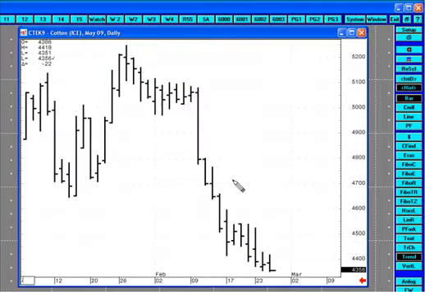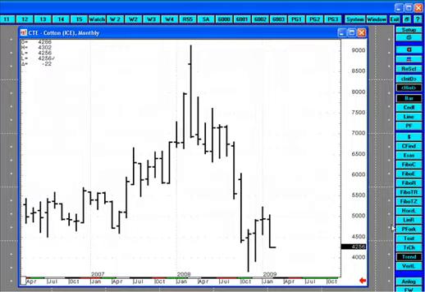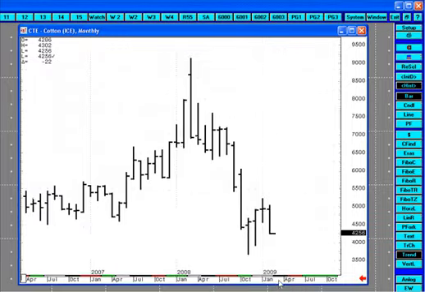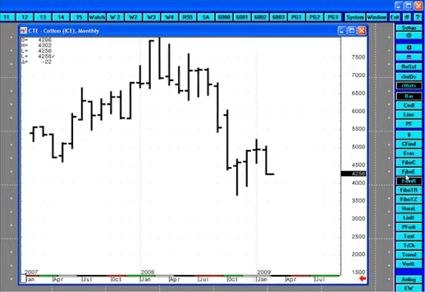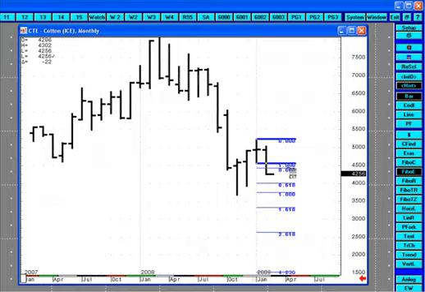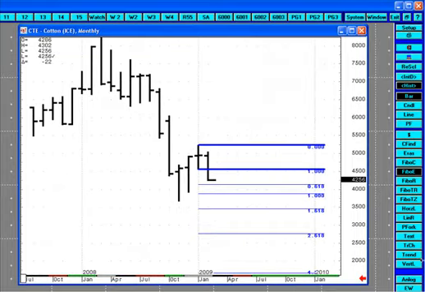Cotton is a market that's been behaving quite nicely. And notice in this market, this is going to be a good example, simply because we have January's trading range clearly delineated by this price bar. Now notice how prices are coming down.